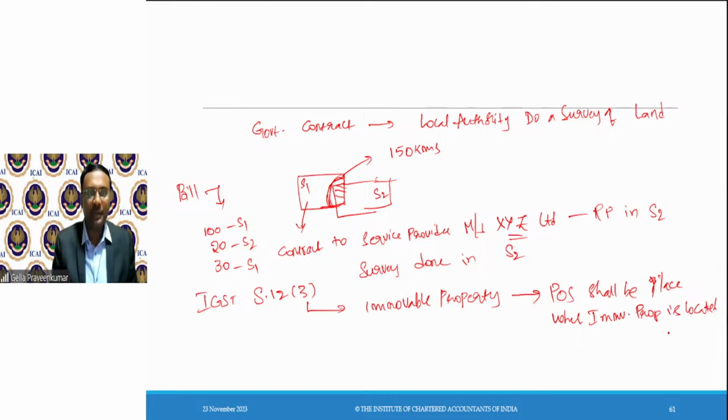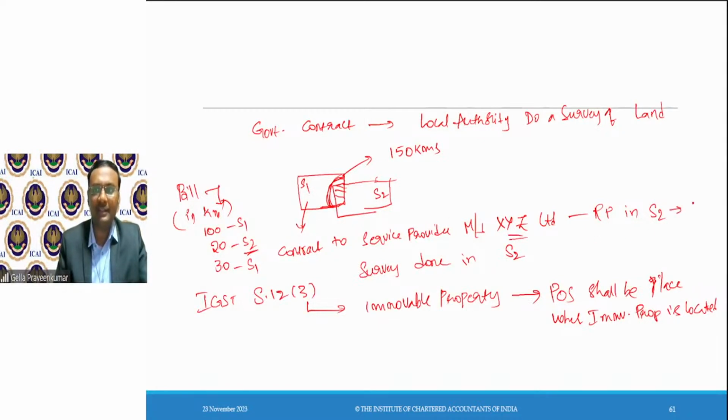So in this scenario, these 20 kilometers are in state 2. My service provider is also in state 2. So to give more clarity, state 2, let me call as Tamil Nadu. State 2 is Tamil Nadu.